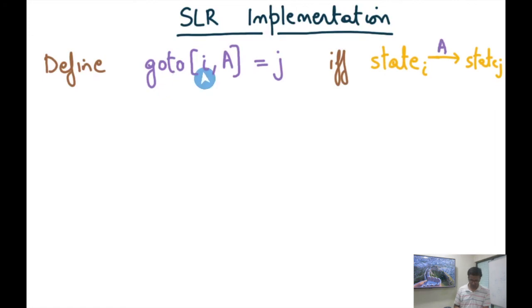The first index is the start state, the next index is the character or the token that is consumed, and the value that is stored at that pair of indices is the end state. So starting at state I, after consuming token A, I reach state J, and so I say goto[I, A] is set to J. So this array kind of represents our automaton.